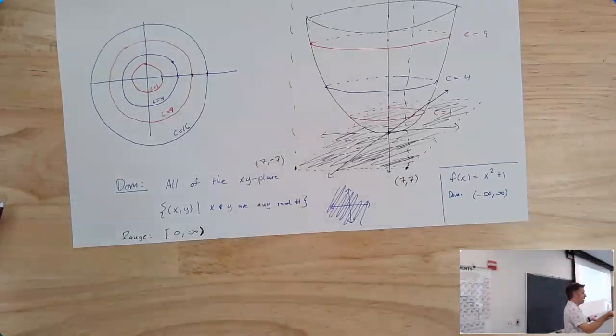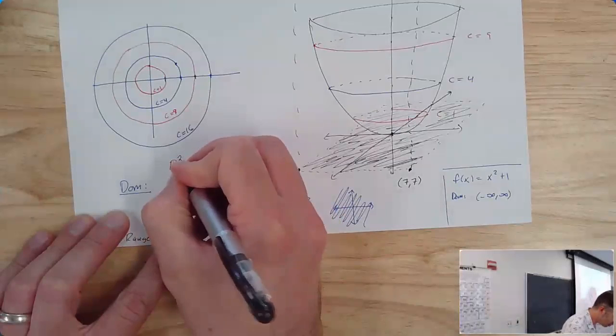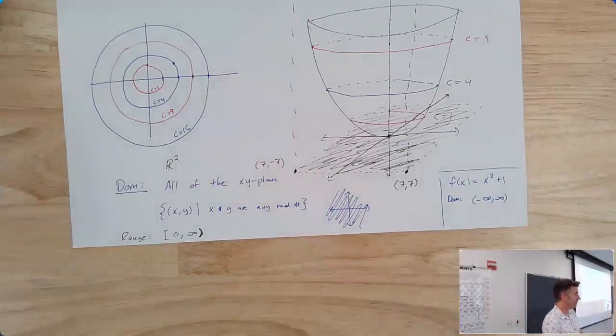We have to say it's not just a real number, it's an ordered pair of real numbers. So there is one shortcut way of saying it: you could say R2, the set of coordinates that are all real numbers in the first coordinate and all real numbers in the second coordinate. That's one way you can say the entire real number plane.